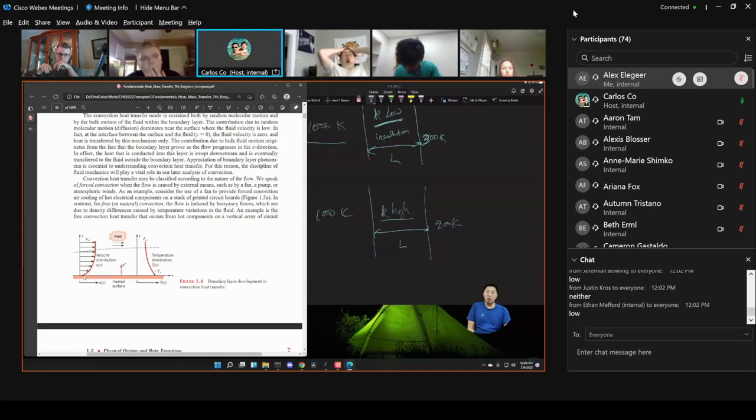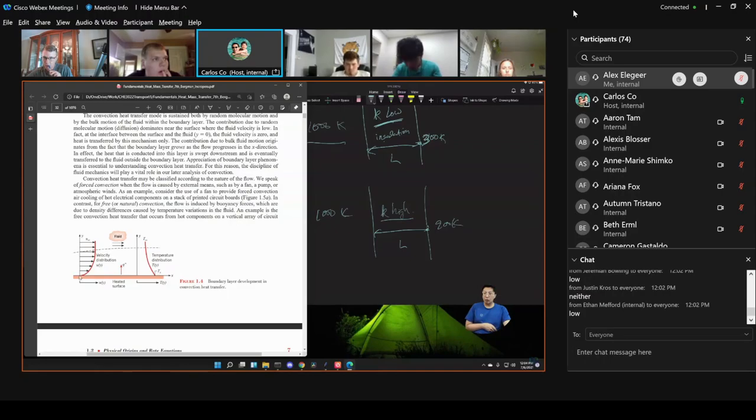As you go further and further away from the surface, eventually you get far enough that the fluid does not even know that there's a surface there. The distance from the surface beyond which the fluid doesn't sense the presence of the solid plate is referred to as a boundary layer.